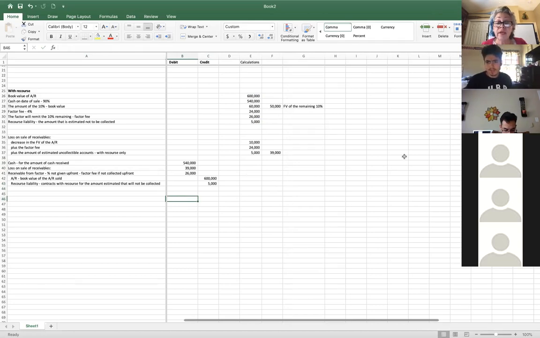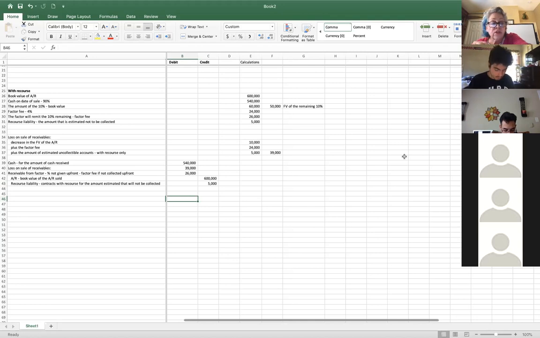What is reported on an income statement? Revenues, gains, losses, and expenses. Right. So answer your own question. The loss is going to be reported on which financial statement? On the income statement. Right. And now, all of the other ones are on the balance sheet.